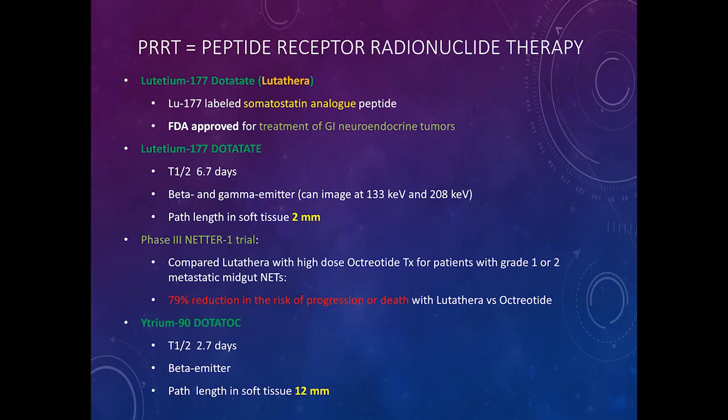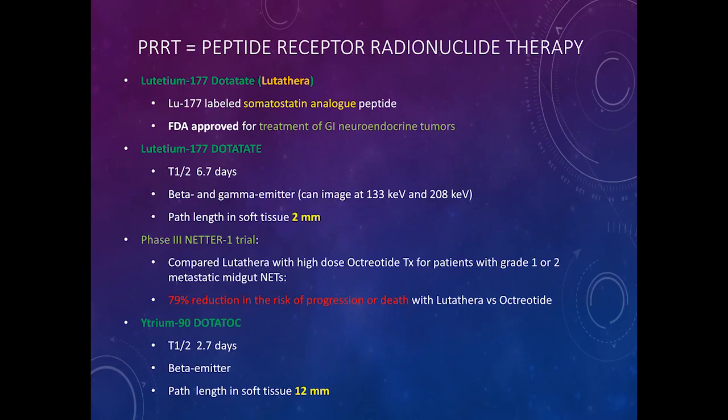It may be approved soon, but lutetium-177 Lutathera is available in many big centers, and it is FDA approved. It was shown to improve patient progression-free survival and decrease risk of death when you use Lutathera versus standard care, which before Lutathera was just octreotide treatment.